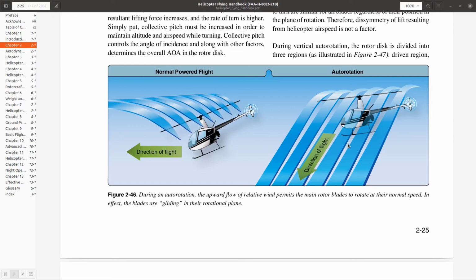So if you started at 500 feet, you're going to be on the ground in about 20 seconds. So it's not going to be a long event, which I guess is good and bad. You have less time to screw it up. And if you screw it up, you have less time to contemplate what you just did.